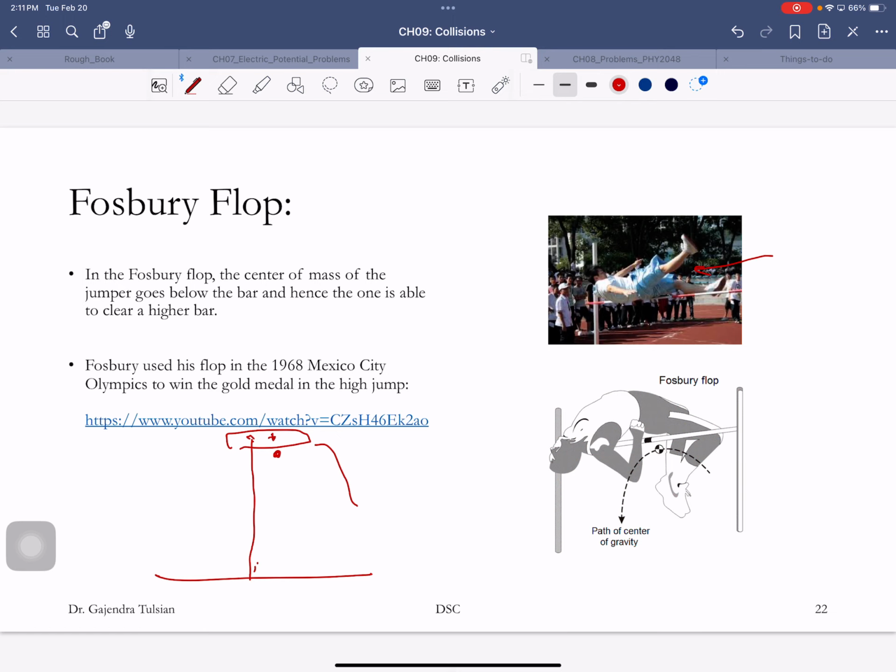Now this fellow was smart. So he learned how to jump like this. And you see his center of mass is going below the bar. So he made his center of mass go below the bar so he could cross it. While everybody else is jumping over the bar, he beat the heck out of everybody.